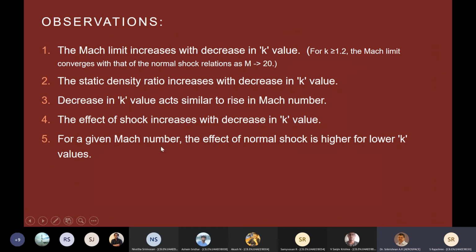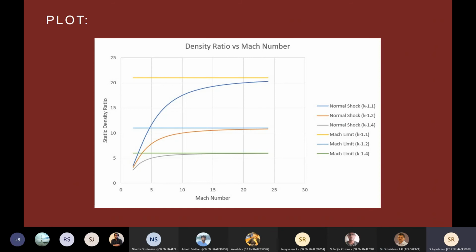Basically what you're saying is that the density ratio is high when you have a lower value of gamma. Yes, sir. Density ratio across the shock, right? Yes. So can you think of any application where you can probably make use of this observation? Not readily. That's okay, you can think of it.